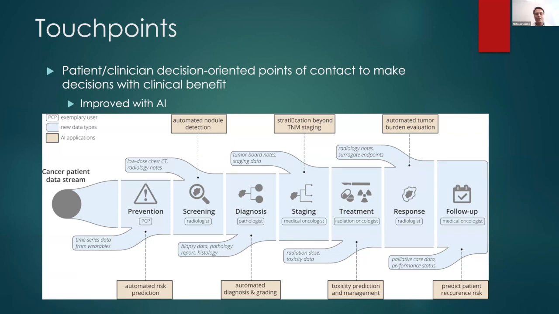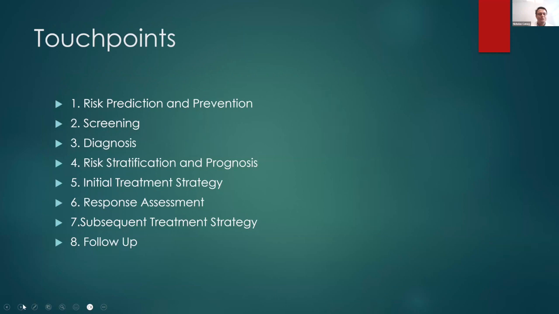This is where we can have patient and clinician decision-oriented points of contact to make decisions that will benefit the patient, and you can improve these decisions with AI. The authors of this study believe we'll be using AI at several points, and what I'll talk about next are prevention, screening, diagnosis, staging, treatment, response, and follow-up. And here's another list of them.